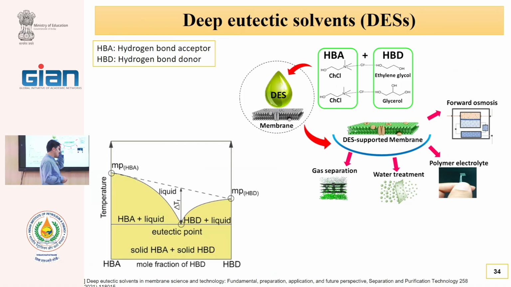Therefore, if we can dissolve the polymer in these deep eutectic solvents, we can prepare green membranes. And these materials are not toxic. Urea is not toxic. Glycerin is not toxic. We use glycerin every day for our skin.